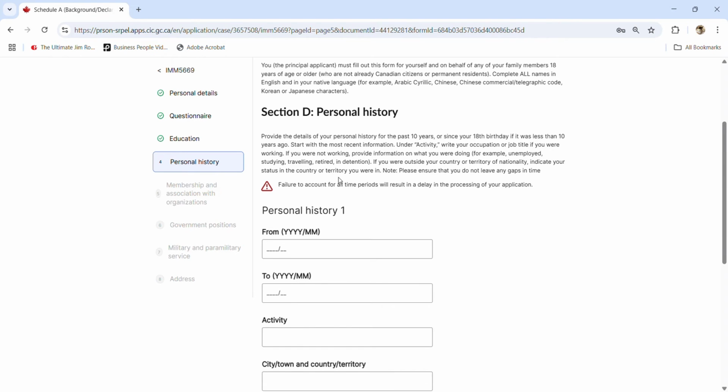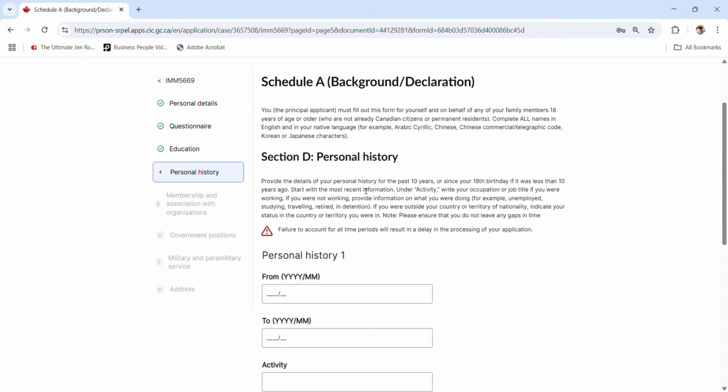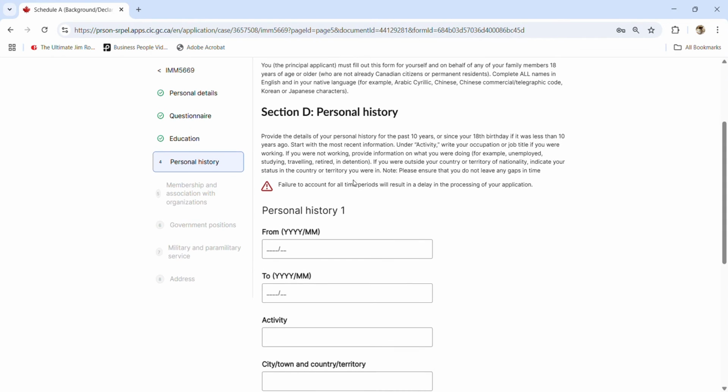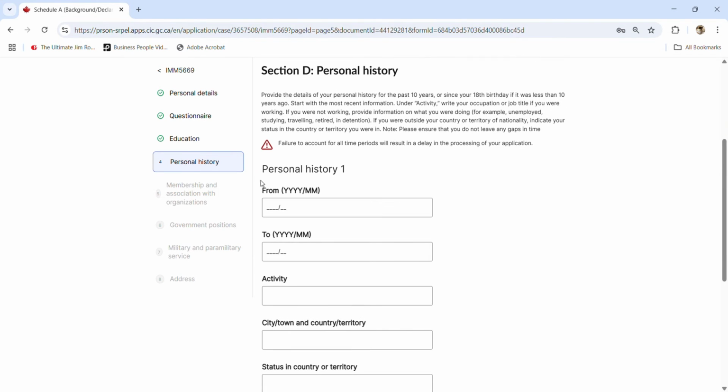Okay, so let's go back to John Smith's case. He was born in 1990 and he is 35 years old now, and he will need to provide 10 years. Let's count back to June 2015, all right? And then we can put all the information in here for him.